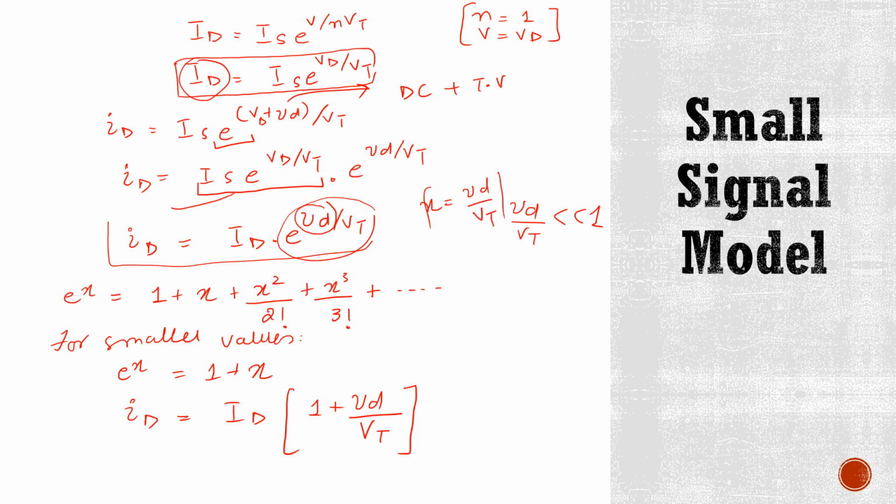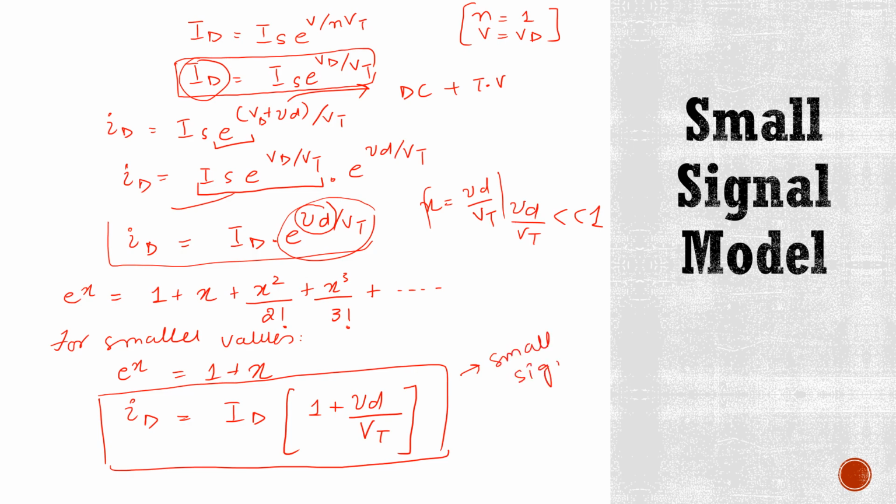Okay, so what is this equation? This equation is the approximate expression, which is also called small signal approximation, and it is valid for amplitudes that are smaller than 5 millivolts.